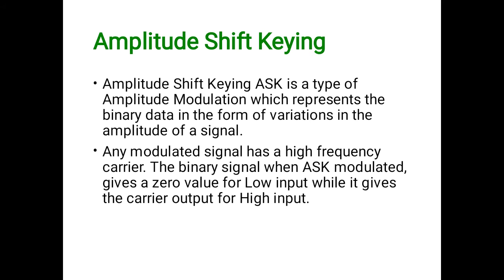The meaning is, when a binary signal is amplitude shift key modulated, it gives a 0 value for low input, and it gives a carrier output, a high value, for high input. If the binary value is 0, it will give low output. If the binary value is 1, it gives the amplitude of that respective carrier input.